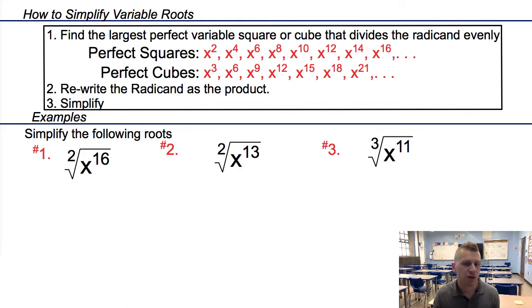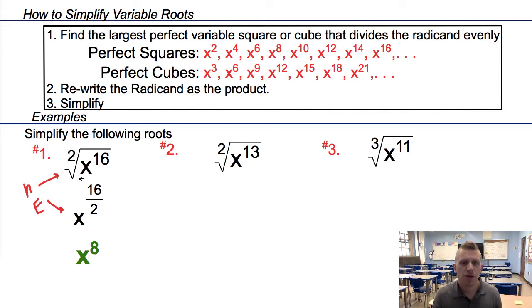So for the perfect square, maybe I write it like this. This form here is radical form. This form here is just exponent form. Maybe I'll put an R there for radical, E here for exponent. And here I could just divide 16 divided by 2, and this here is just x to the 8th. Because this was a perfect square, it worked out perfectly.